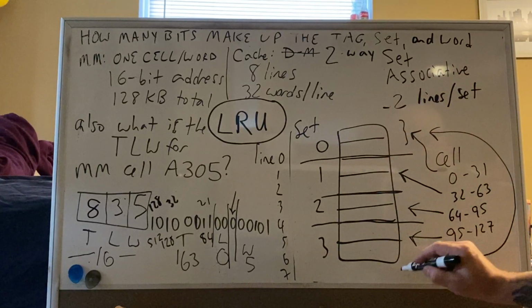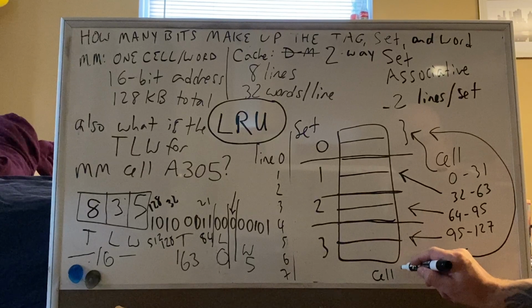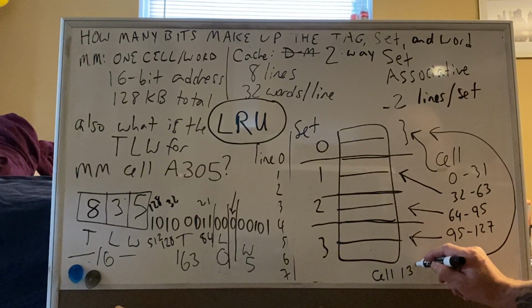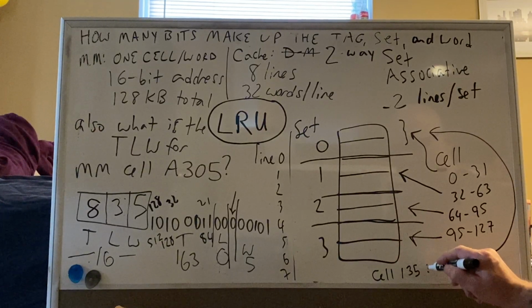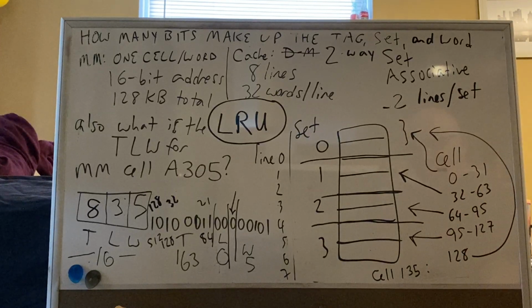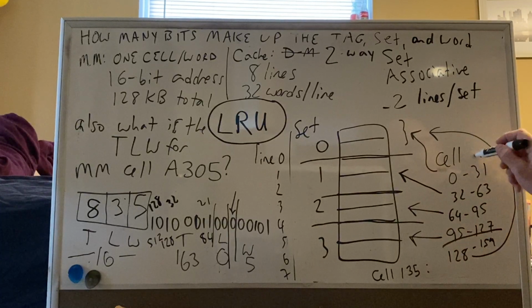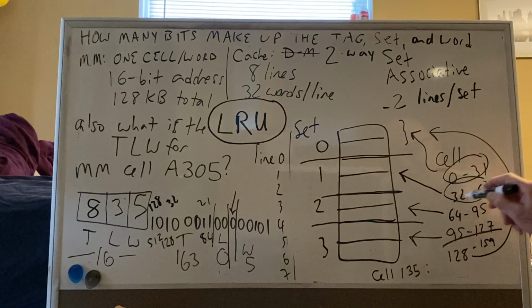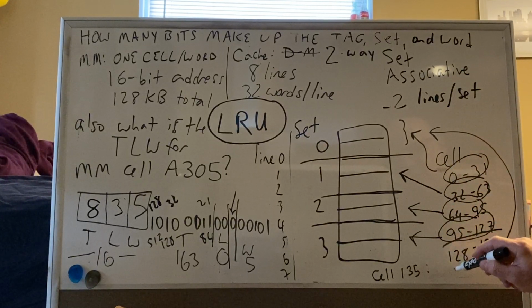So if you said, where does cell 135 go? Well, it's somewhere in here in 128 to 159. So this is block 0, block 1, block 2, block 3, block 4.